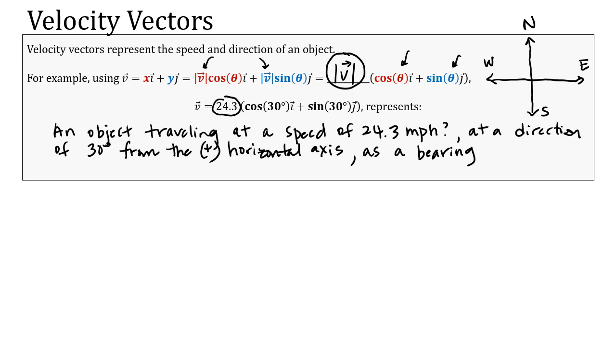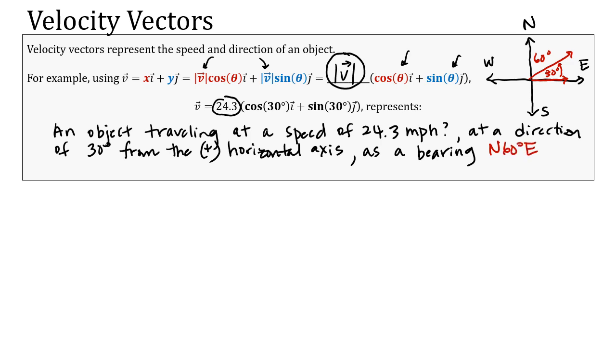If this object is traveling 30 degrees from the positive horizontal axis, then we know that the bearing, which is starting from the north in this case, would be 60 degrees because 60 degrees plus 30 degrees makes up that first quadrant. So we would say as a bearing of north 60 degrees east.